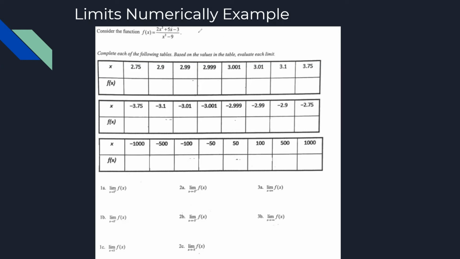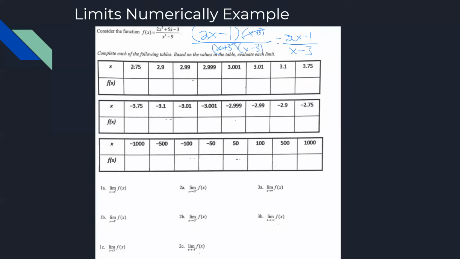So we want to factor the top: 2x minus 1, and the other one is x plus 3. On the bottom is x plus 3, and then x minus 3. So we can cross these out, so the simplified version of our function is 2x minus 1 divided by x minus 3.